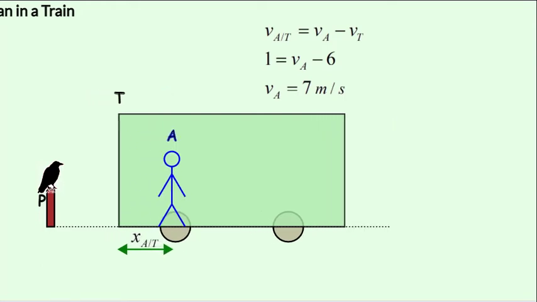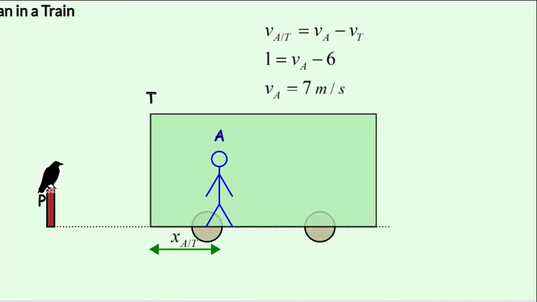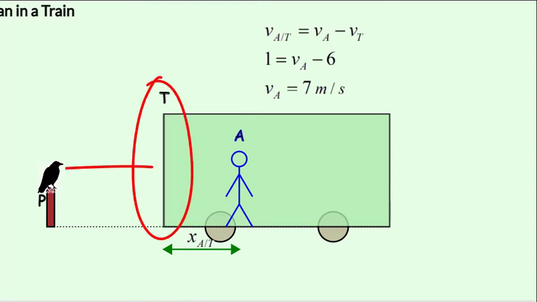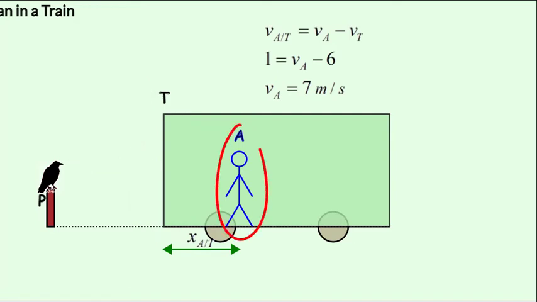To the bird or observer on the ground, the velocity of the train would be 6 meters per second, meaning that this wall moves away from the observer at the rate of 6 meters per second. But the velocity of the man would be 7 meters per second, so the man is moving at 7 meters per second with respect to the observer.